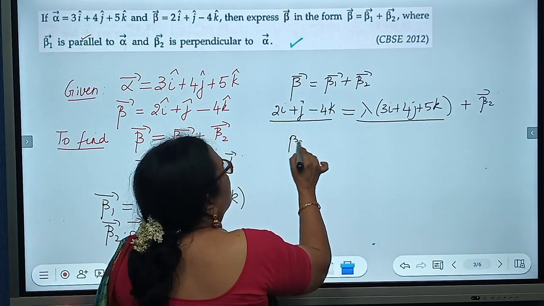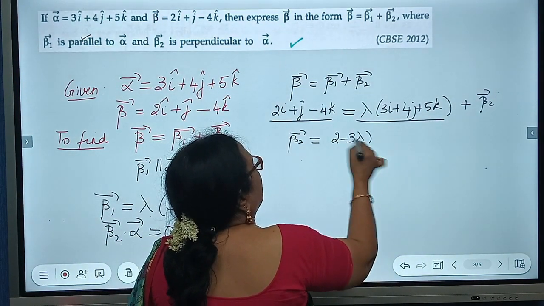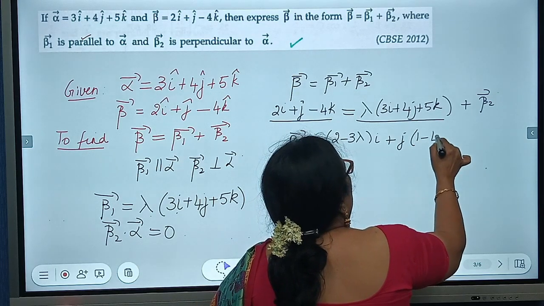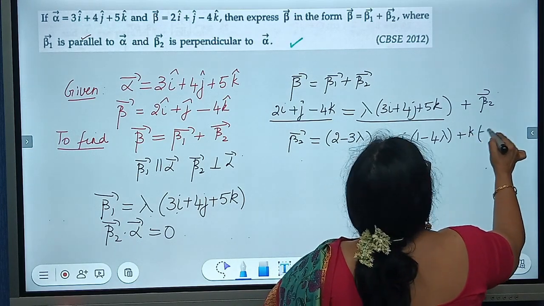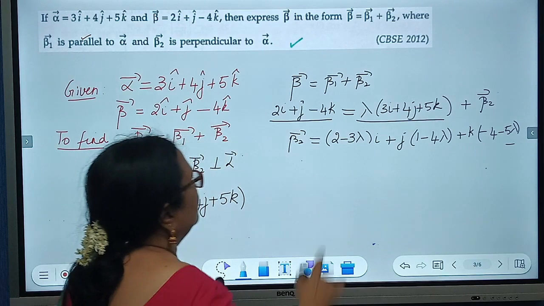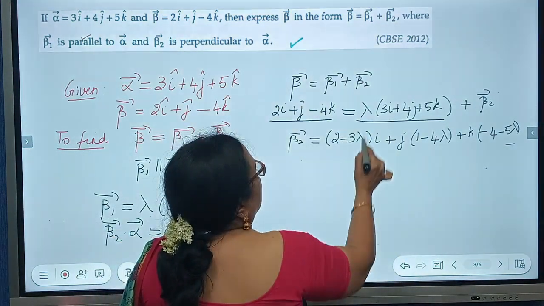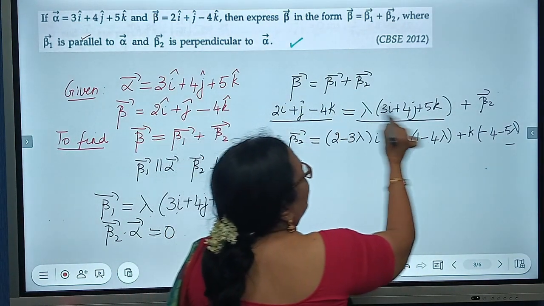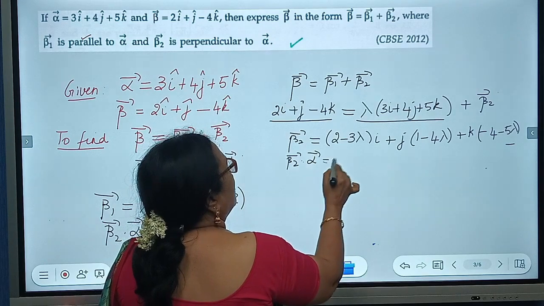Now beta 2 will therefore be 2 minus 3 lambda into i plus j into 1 minus 4 lambda plus k into minus 4 minus 5 lambda. Beta 2 vector is beta vector minus beta 1 vector. Now beta 2 vector dot alpha vector equal to 0.